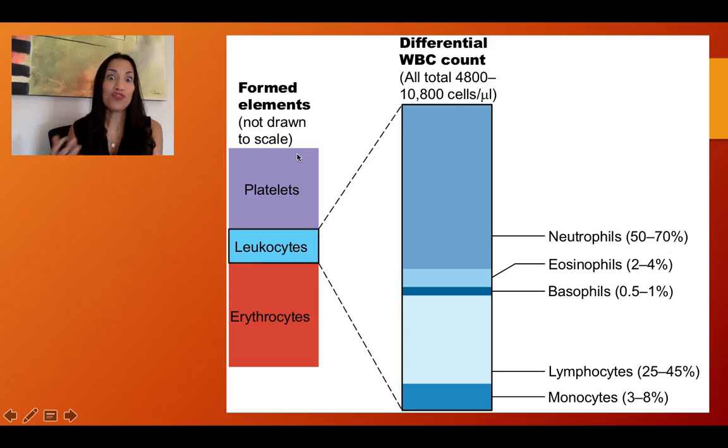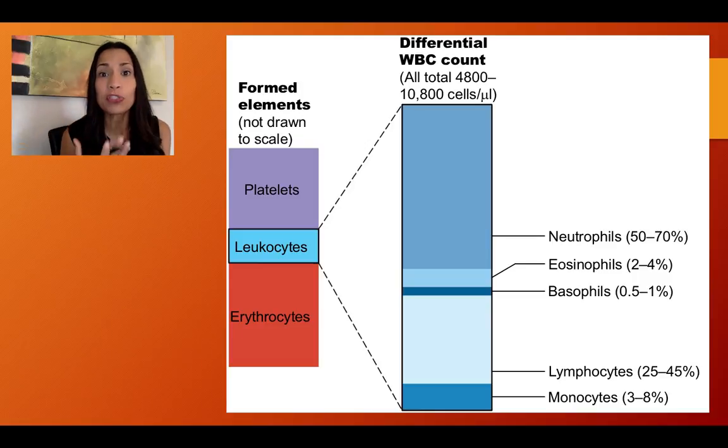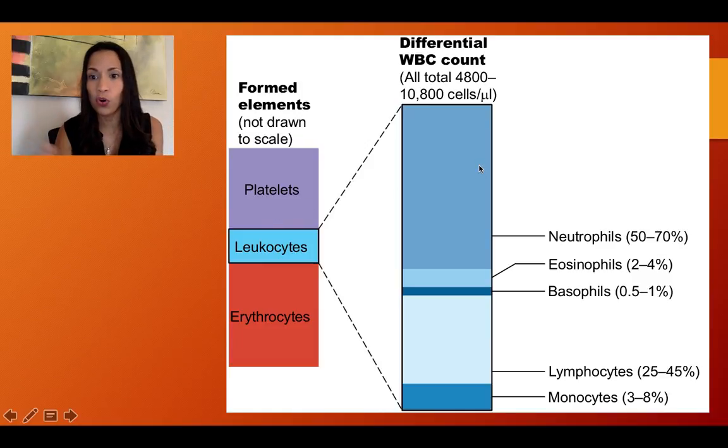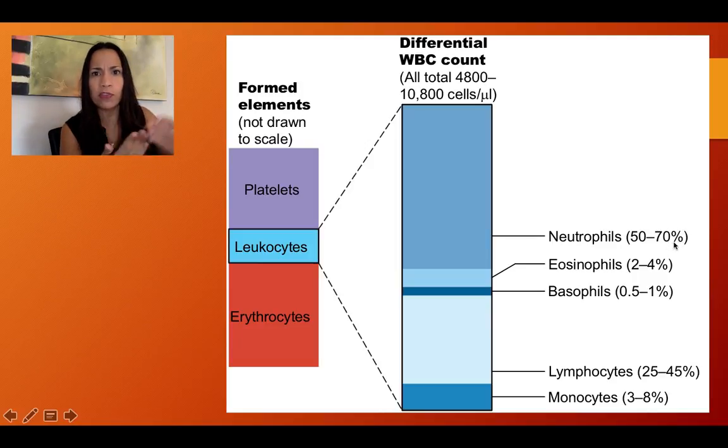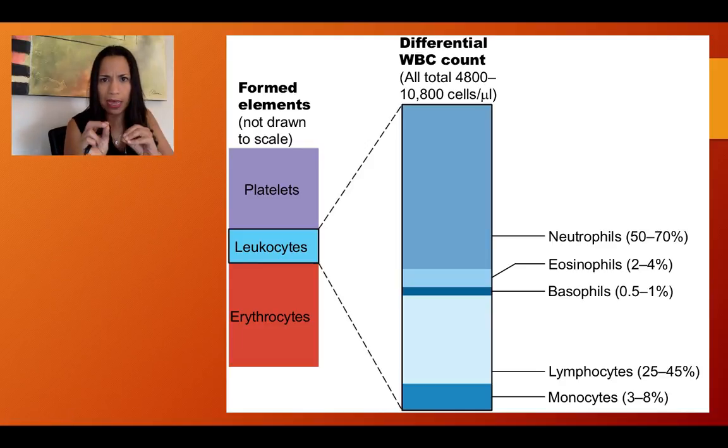The thing is that we're going to do that activity in class. In our class discussion, when you get a CBC, you're going to get the absolute number and the percentage of each cell. And you don't need to memorize it. They always give you the range because it can vary a little bit from lab to lab.